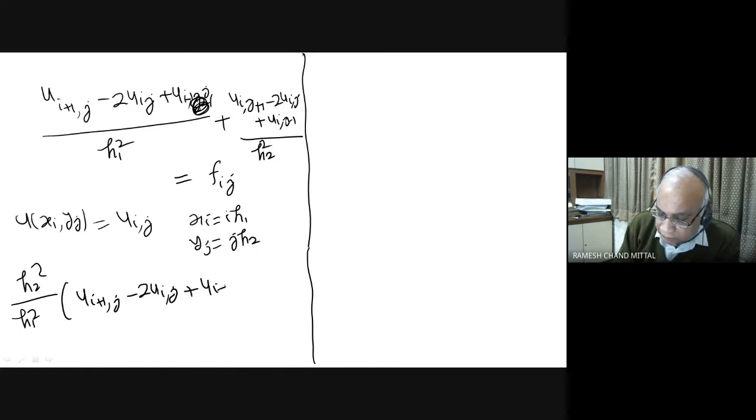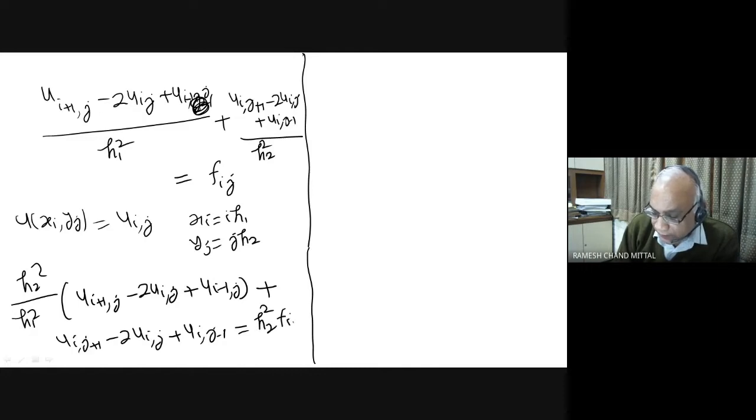Now to make life simpler, I multiply both sides by h2 square. So what I get is h2 square upon h1 square (u_{i+1,j} - 2u_ij + u_{i-1,j}). This is my first part. My second part will be (u_{i,j+1} - 2u_ij + u_{i,j-1}) equal to h2 square f_ij. Or more precisely, I write alpha equal to h2 square upon h1 square, that is my alpha.